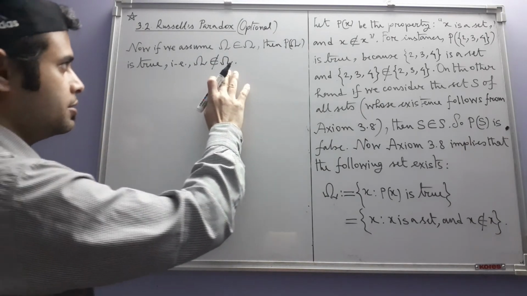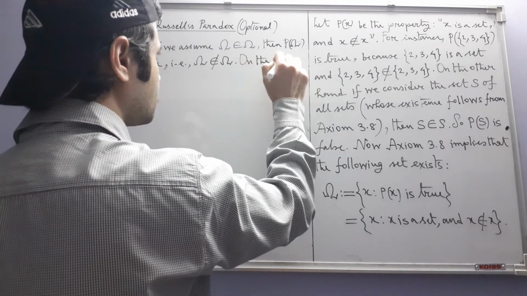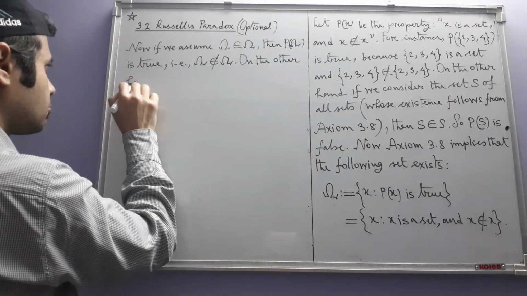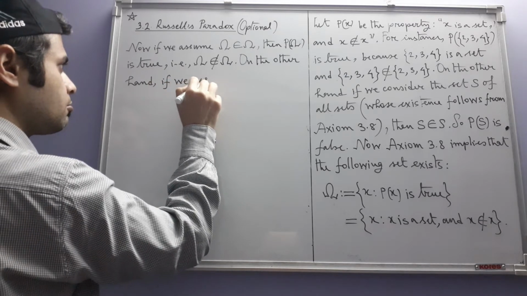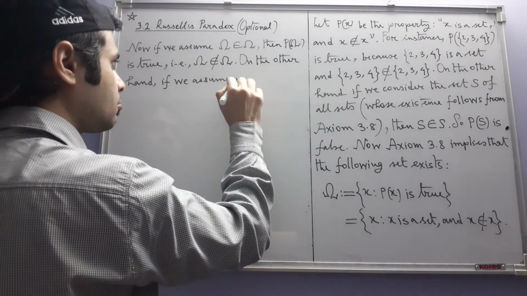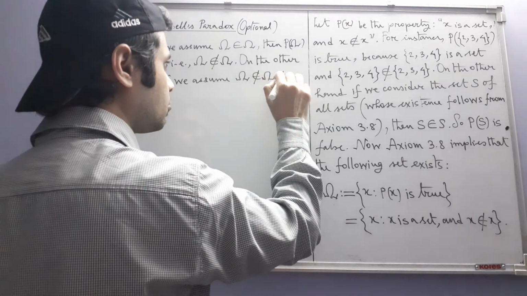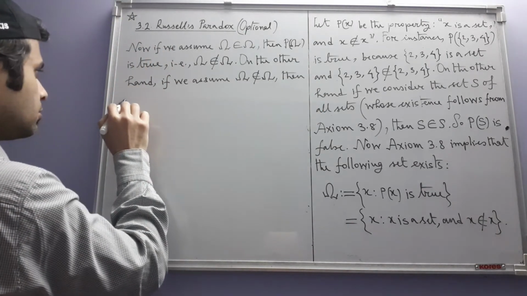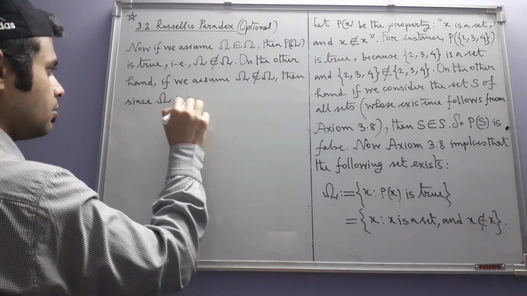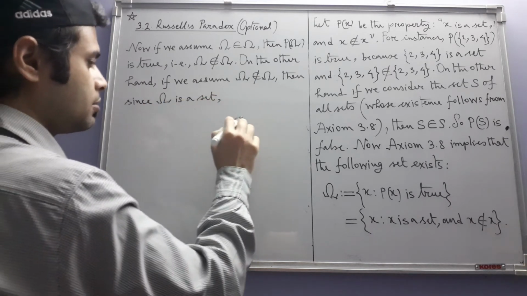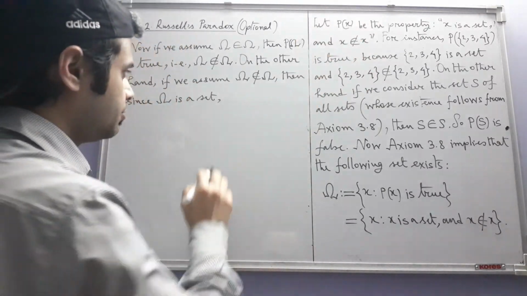If we start with this, on the other hand, if we assume omega does not belong to omega, then since omega is a set and omega does not belong to omega, that means P of omega is true.